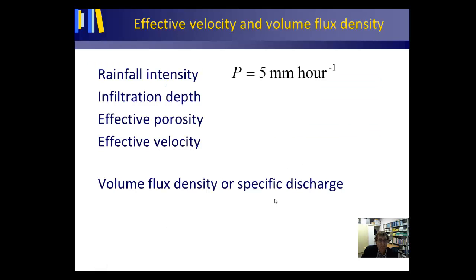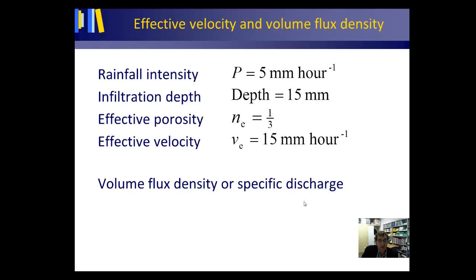So, in summary, a rainfall intensity of 5 millimeters per hour on a 100% dry soil. Let's imagine that the water reaches a depth of 50 millimeters. That means that your pore space is 1/3 of your total soil. So you have 1/3 of pores in your soil.